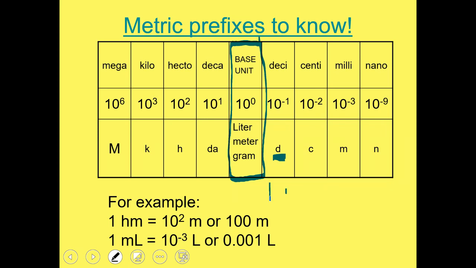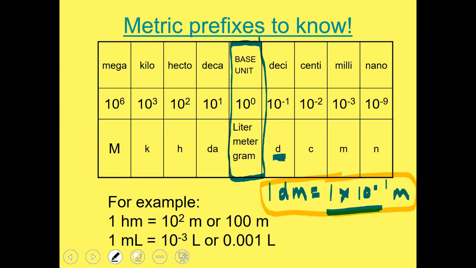For example, 1 decimeter is equal to 1 times 10 to the negative 1 meters. A decimeter is 1/10 of a meter. Knowing this gives you equalities that you can then use to do conversions with dimensional analysis throughout the year, and we're going to practice those today.